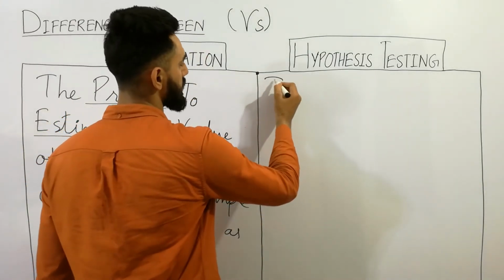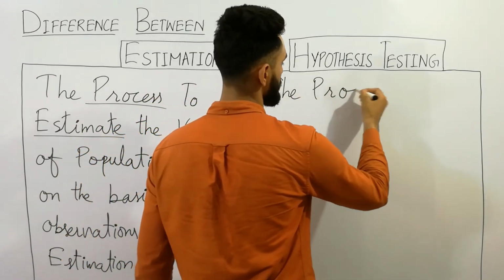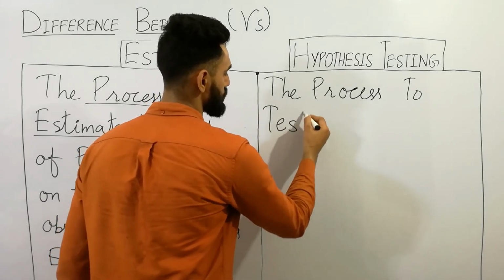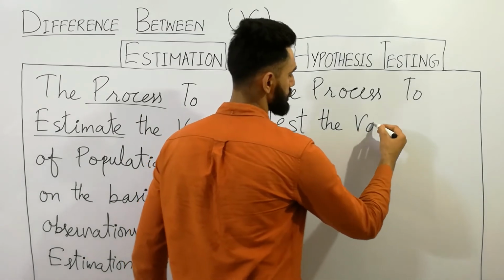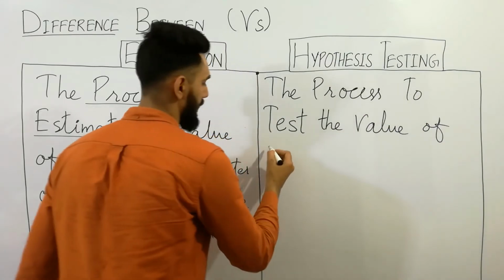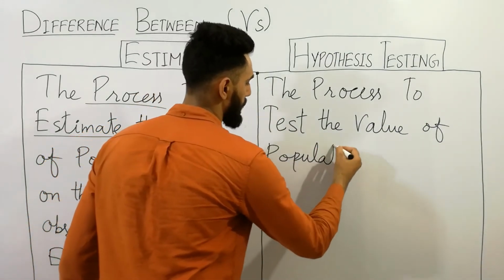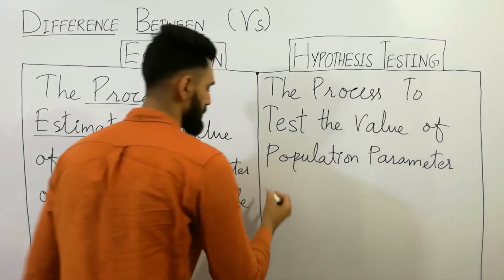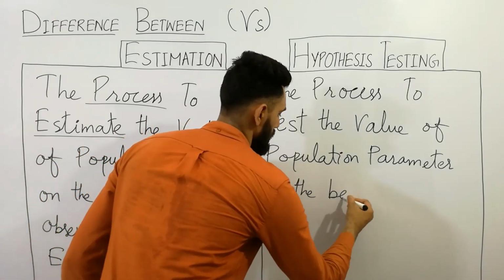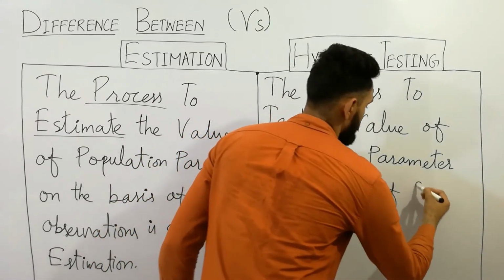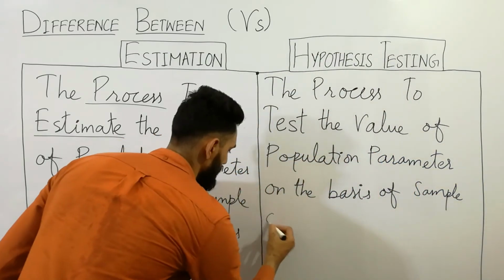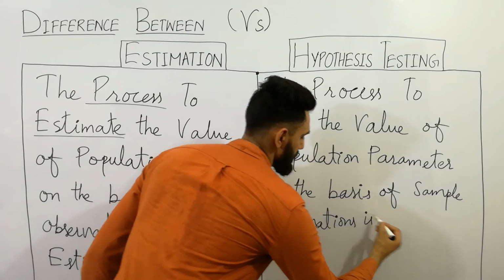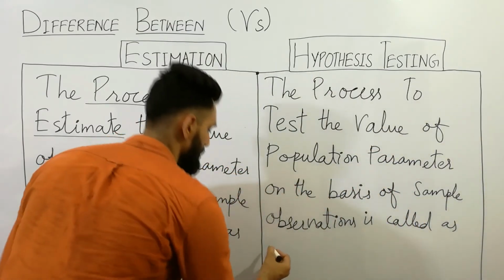Similarly, just copy that. The process to test the value of population parameter on the basis of sample observations is called as hypothesis testing.